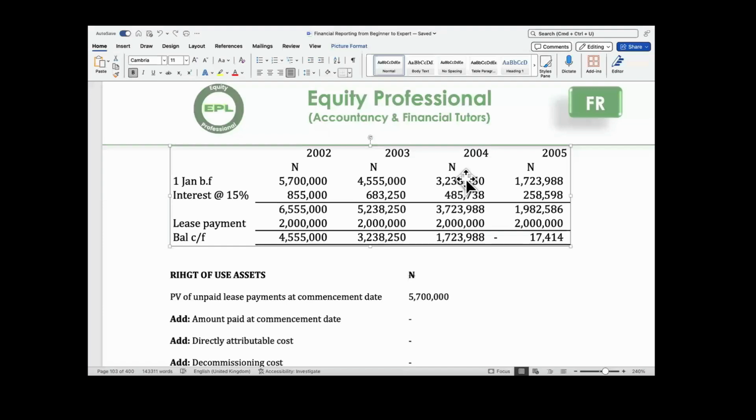I look at 2004 in my spreadsheet. I see that it has reduced to 1.7. That means that I have to pay the difference next year for it to be reduced to this. So the difference between this 3.2 and 1.7, that's the current liability. When you get that difference, just remove it from this 3.2, and that becomes your non-current.